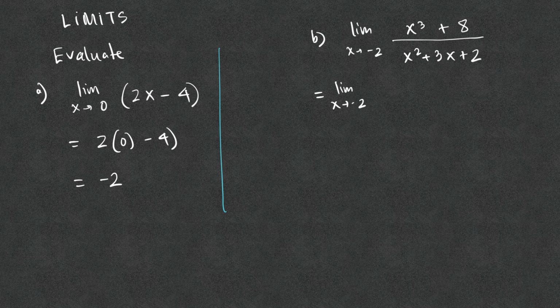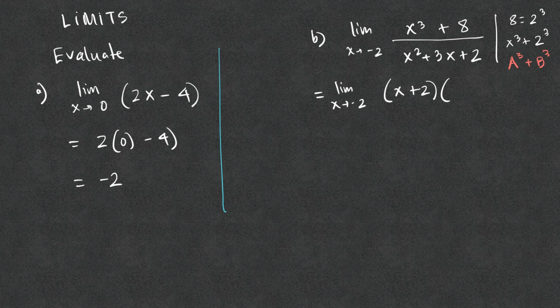The numerator is the sum of 2 cubes because 8 is 2 cubed. And so x cubed plus 8 is x cubed plus 2 cubed, which is a cubed plus b cubed, the sum of two cubes. It can be factored as a plus b, where a is x and b is 2, times a squared minus ab plus b squared.